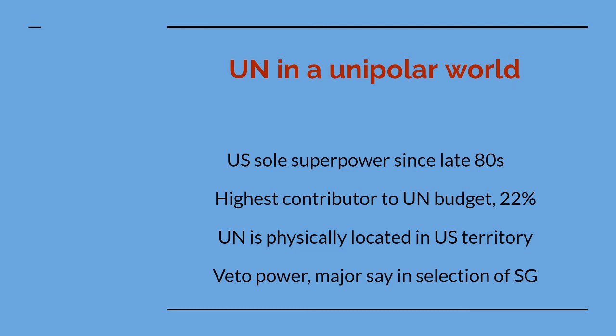The US is also one of the 5 powers in the Security Council, which has the veto power. It also has a major say in the selection of the Secretary General. So by virtue of all these reasons, the US enjoys the maximum say in the UN.